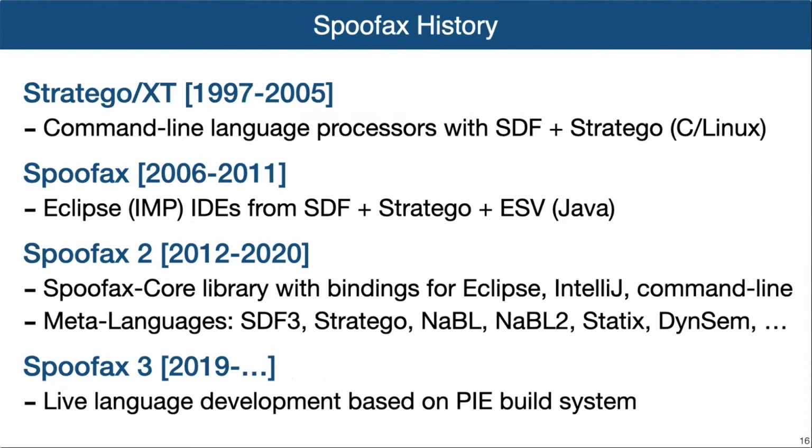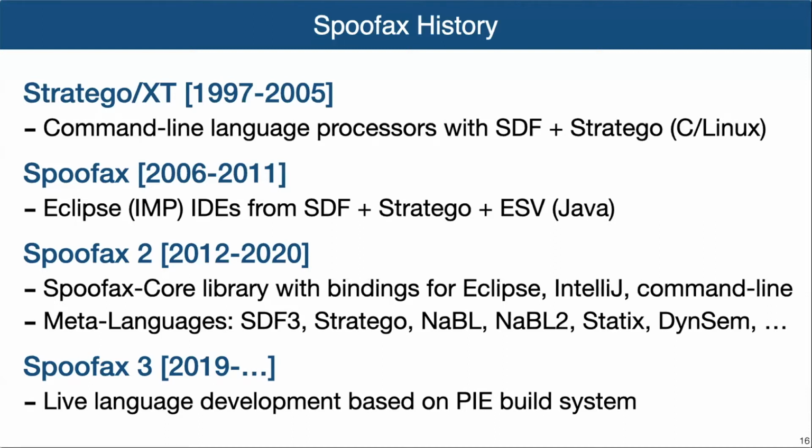We've been working on this for quite a while. I started in the late 90s with Stratego XT, which was a command line processor based on SDF and Stratego. Then we switched to Java and Eclipse, so we built IDEs on top of that stack. And Spoofax 2 has been a next generation where we have made that independent of Eclipse, so we can bind it to different IDE frameworks.